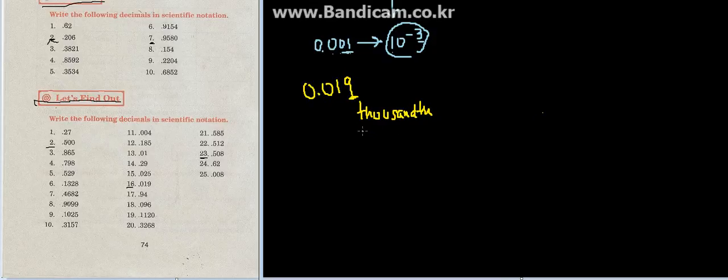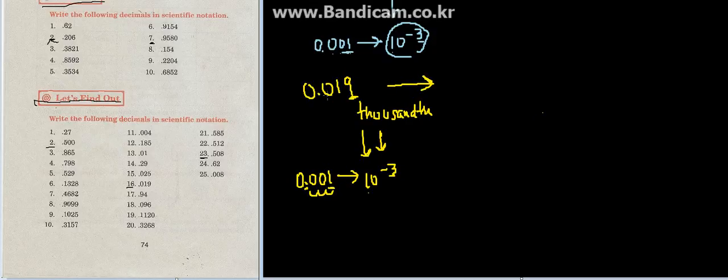So we have to find the exponential notation form of the thousands, which will be 10 to the negative third. Again, why? Because the thousands place is the third place right after the decimal. That's why you have 10 to the negative third. So thousands is basically this, 10 to the negative third.